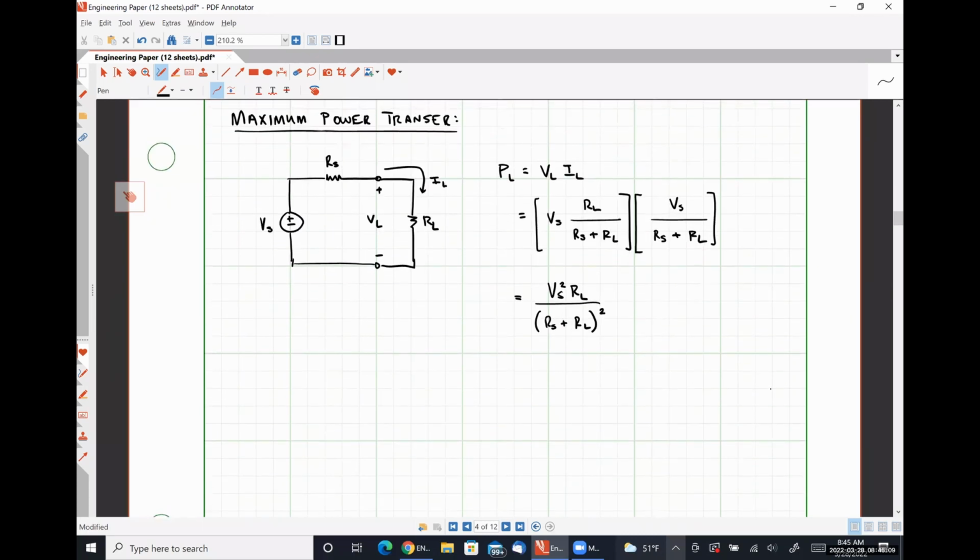If I were to plot PL as a function of RL, so let's put PL on this axis and RL on this axis, and I'm just going to let RL range from 0 to infinity effectively. What I would observe is a curve that looks something like this.